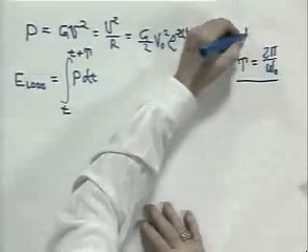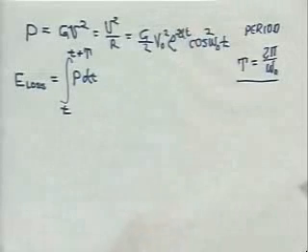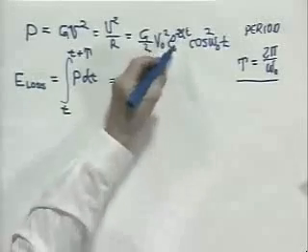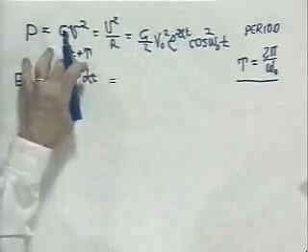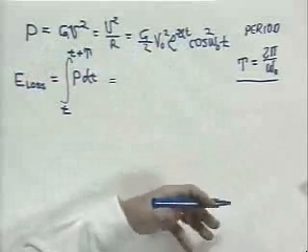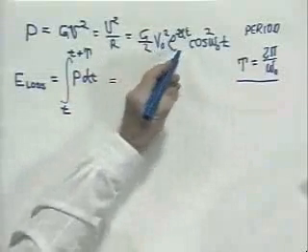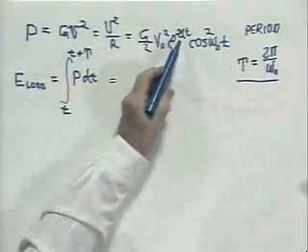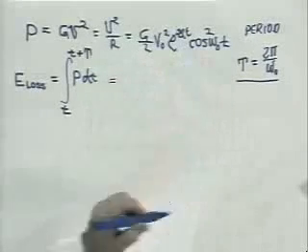So T is the period of this oscillatory function. If I do this and make the assumption that alpha t does not change a lot during one period, which is equivalent to the assumption of very little damping, light damping, I can take out the e to the minus 2 alpha t because it's not changing much during one period over which I'm integrating. That is, we're assuming that alpha is much, much less than omega naught. So this term is approximately constant through one period of the cosine.